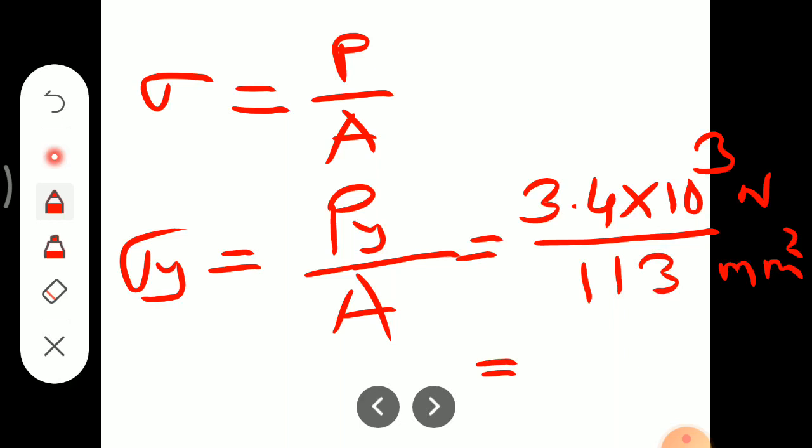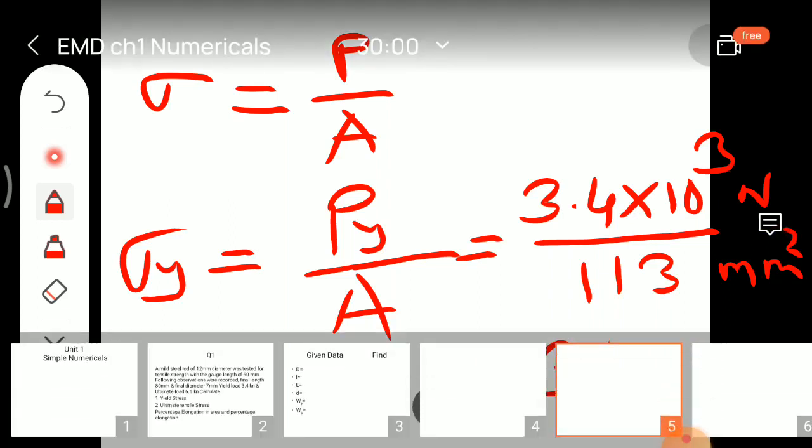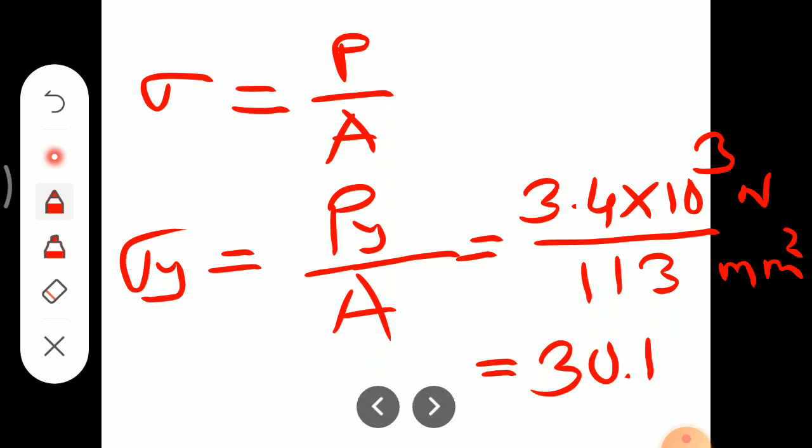Now calculate sigma y, and we have the answer 30.1, and the unit for stress is Newton per mm square. This is our first term.